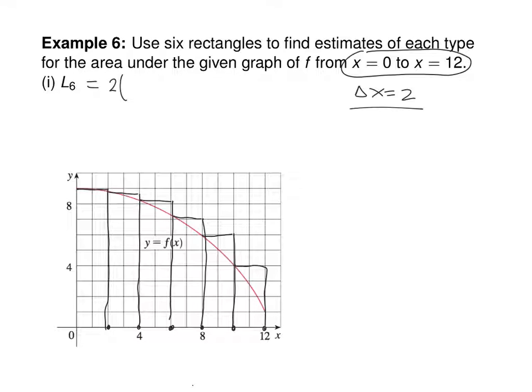So what's the height of the first box? Appears to be 9. The next box I said was 8.8. Does that seem like a reasonable guess? Okay, this next box right there, I said 8.2.